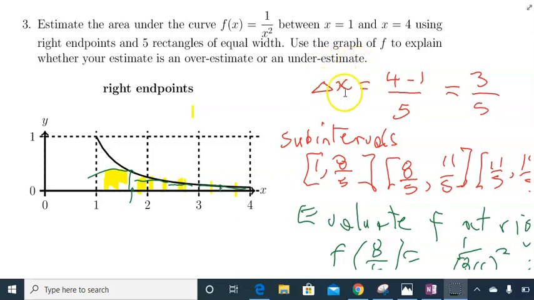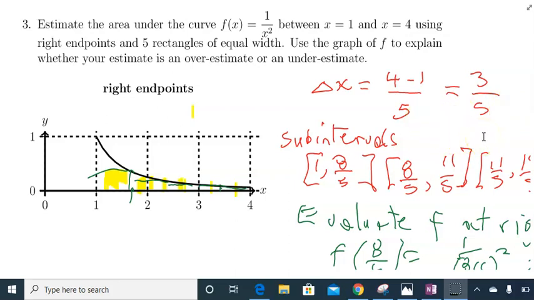So let's first find our delta x, the width of your subintervals, which will in turn be the base of each of your rectangles. So delta x would be b minus a, which is 4 minus 1, over n, which is 5. 4 minus 1 over 5 gives you 3/5.